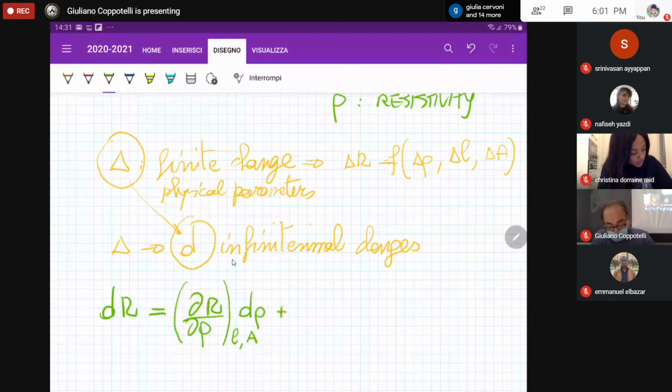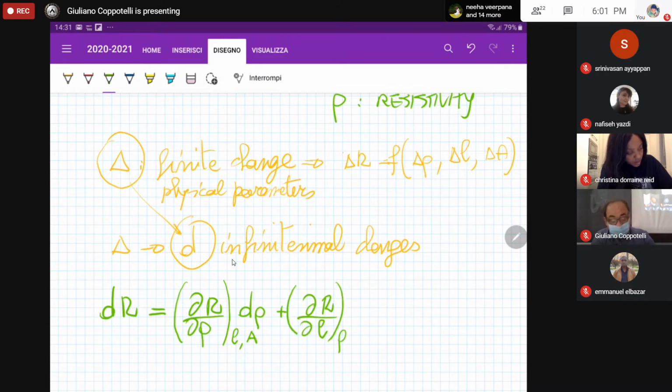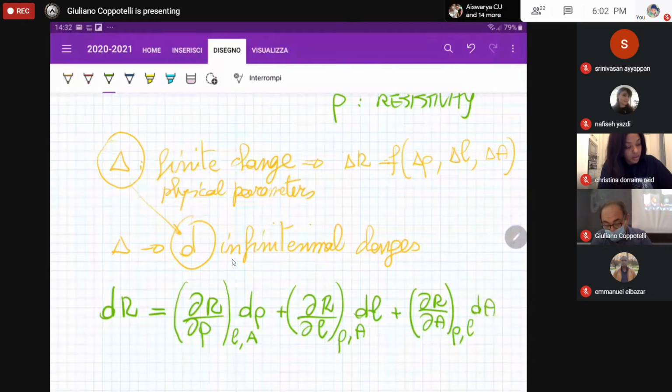Then the other contribution is the change of resistance because we are changing the length while keeping the resistivity and the cross-section constant, times the change of the length. The last contribution is the change of the resistance because we are changing the cross-section while keeping the resistivity and the length constant, times the change of the cross-section. Okay.